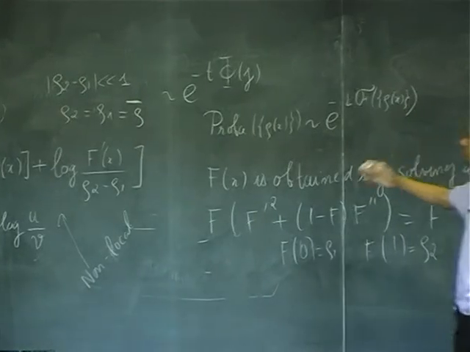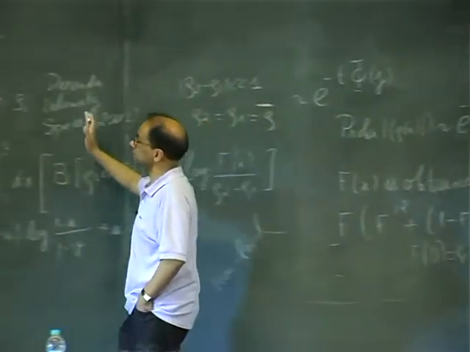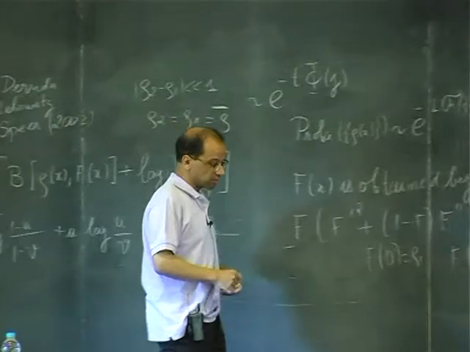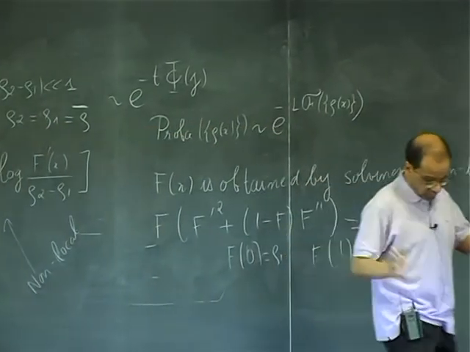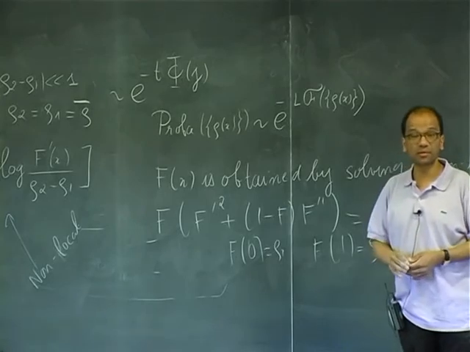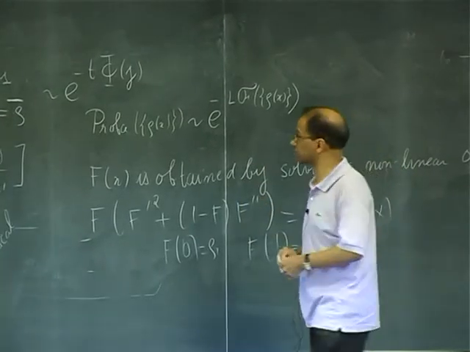Because in case of equilibrium, the measure is uniform, you can put the particles anywhere. And you just get your usual 1 minus rho log 1 minus rho plus rho log rho. Okay. So you get back the equilibrium case.